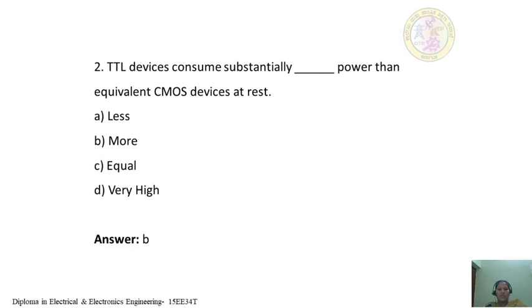This question's answer we have also discussed in the comparison of the three logic families table. That table gives the answer for these questions. So the TTL consumes more power than the CMOS. Hence the answer for this question is B, that is more.